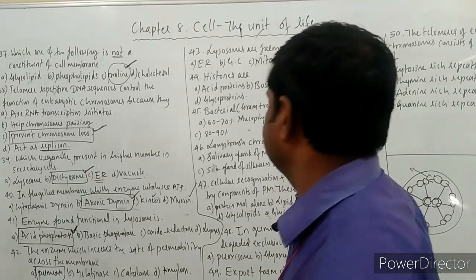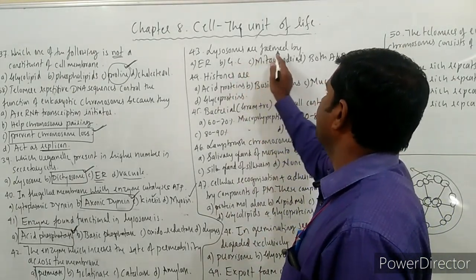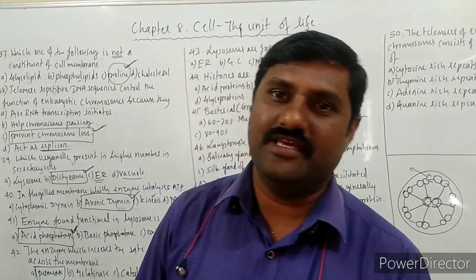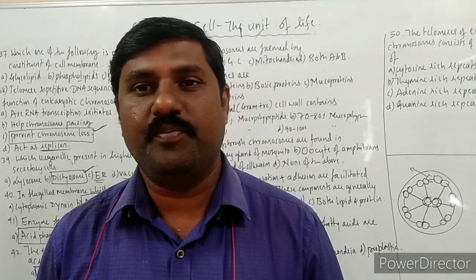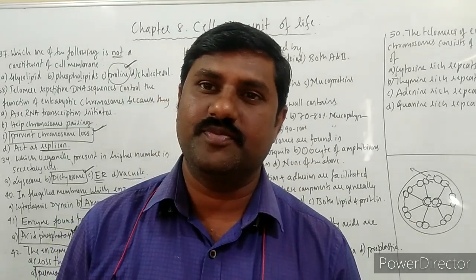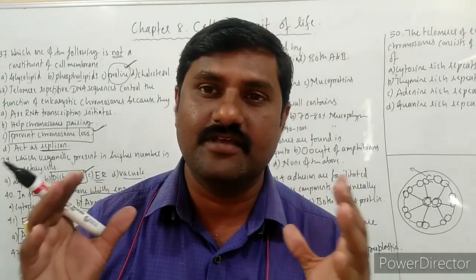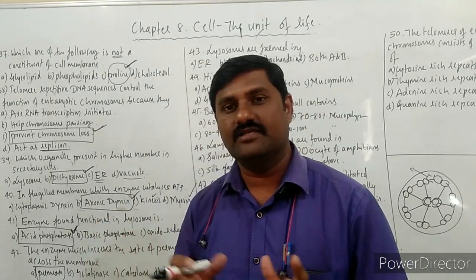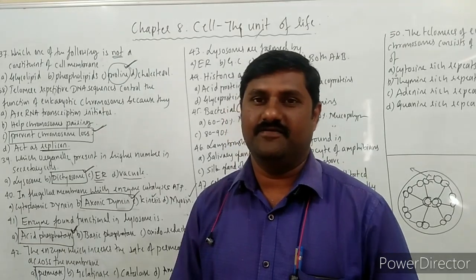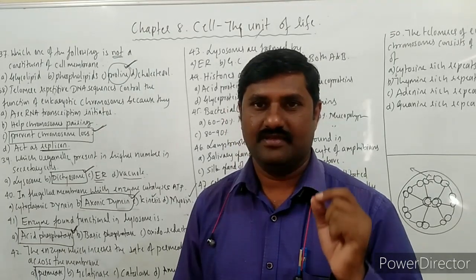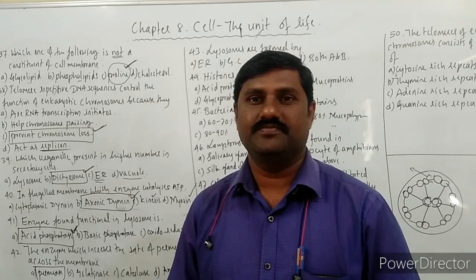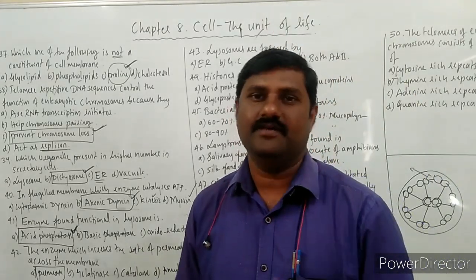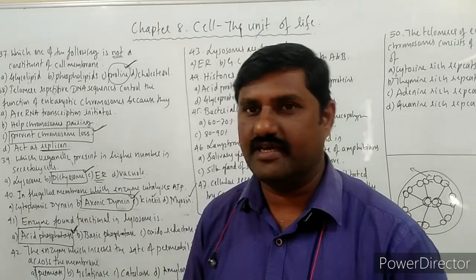So next question. Lysosomes are formed by... Already I have covered this one in theory. The pinched-off vesicles of the endoplasmic reticulum make the cisternae and tubules of the Golgi complex on the cis side. Very important point: cis as well as trans are the two sides of the Golgi complex that you have seen.